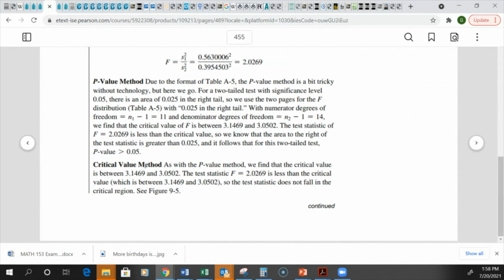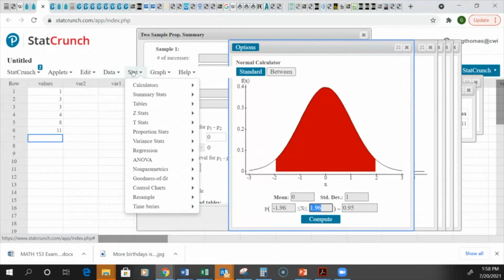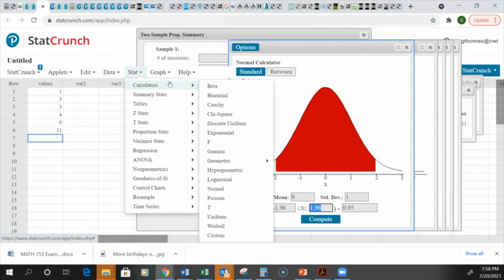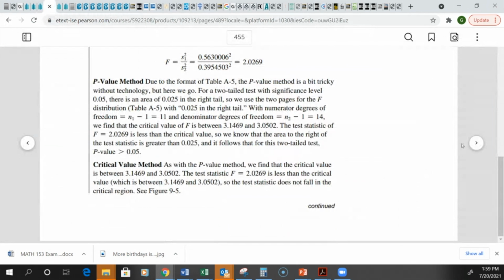You could use a critical value method, yeah, because we do have a calculator for the F. Okay, great. And so if someone wants to know, you could put all this in. I don't think they actually ever ask you a critical value because it's kind of complicated. I don't remember that they do.